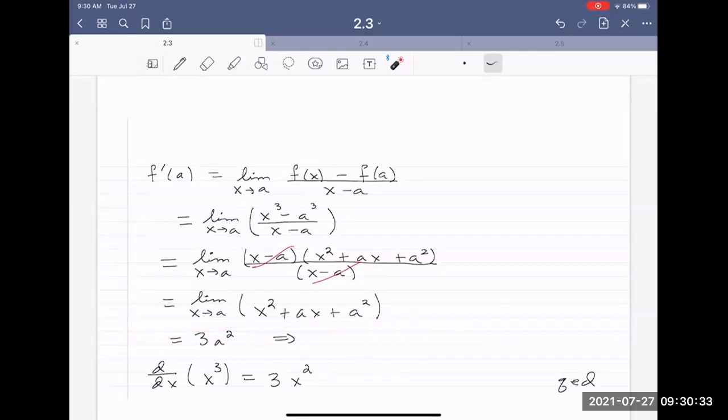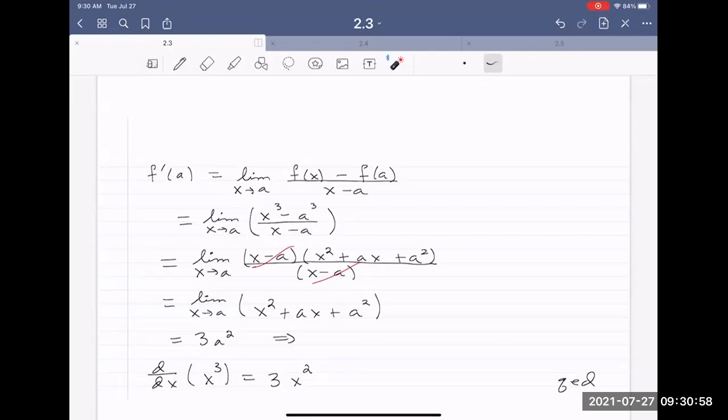As x approaches a, well, x squared approaches a squared, ax approaches a squared, and a squared remains at a squared. So there are 3 of these a squares. And so this is equal to 3a squared. This is true for every a, therefore the derivative of x cubed is 3x squared.